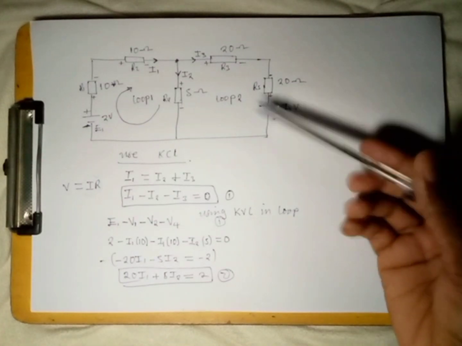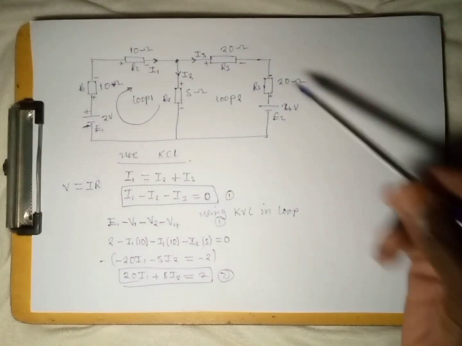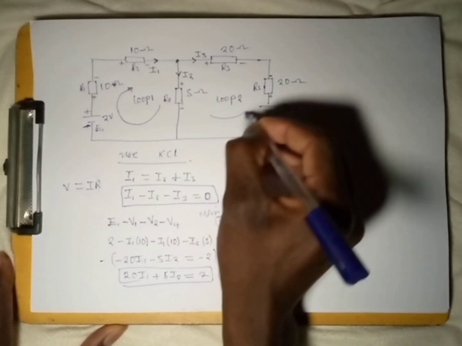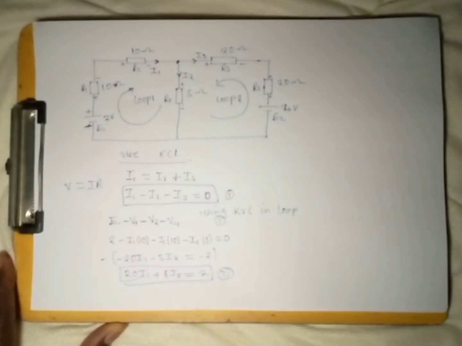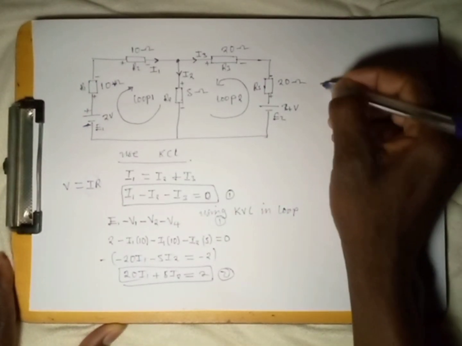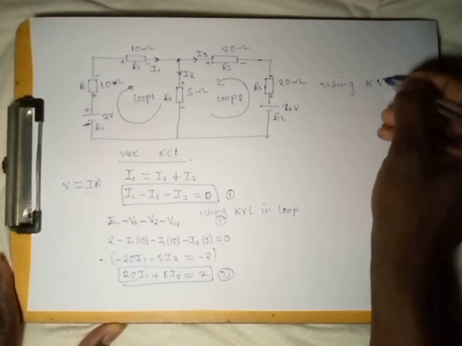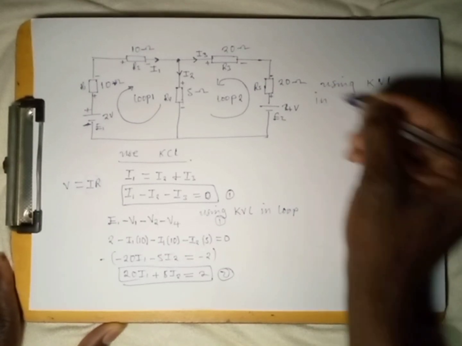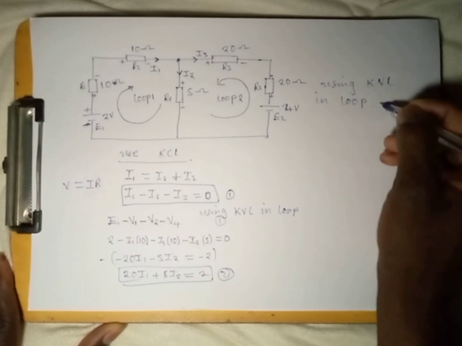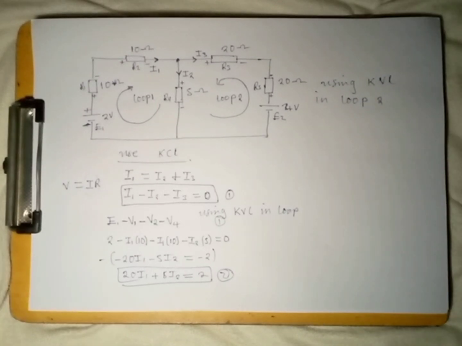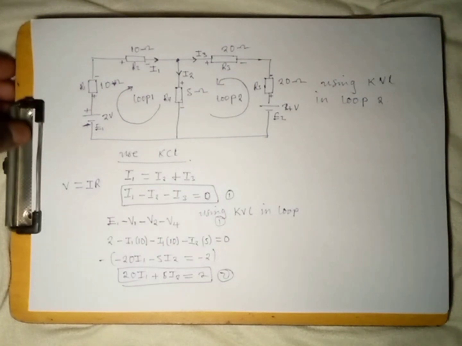Let me try to do likewise to this part. If I'm coming to this part, allow me to move in the anti-clockwise direction. So using KVL in loop number 2, what are we supposed to understand from this very part?